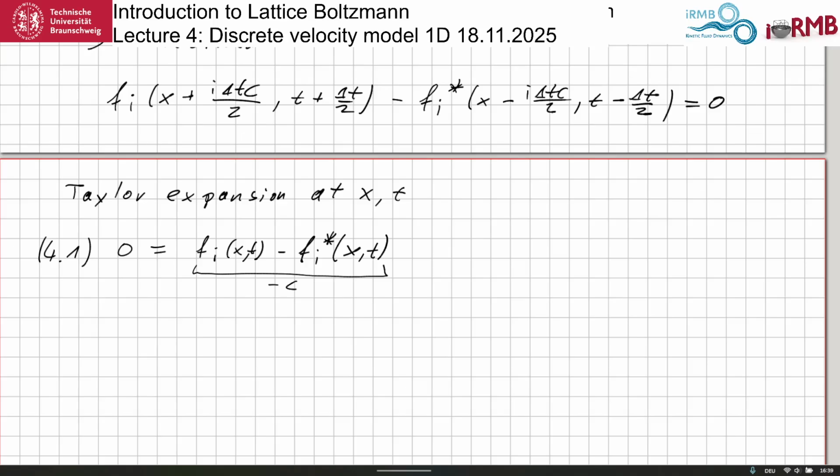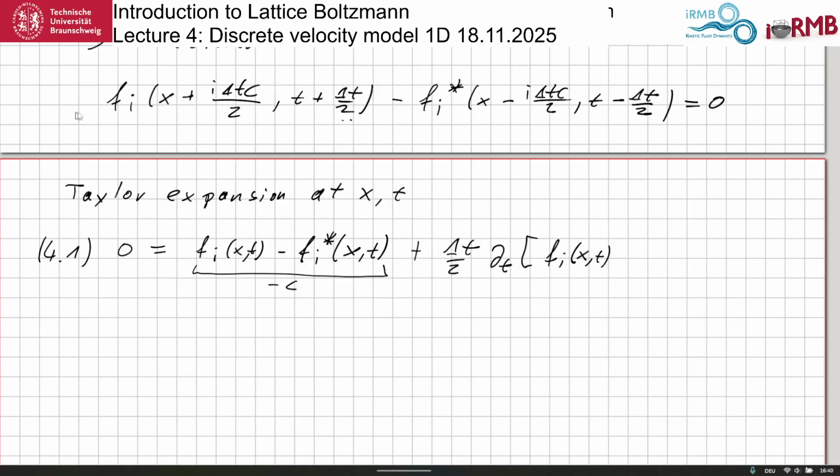Okay, let's continue with the Taylor expansion. I hope you are familiar. We go first in the direction of time. So we'll have time here. This is delta t half. This is the distance that we go, and we go dt. And now we have here fi. Now this is all at x and t. I will stop writing x and t in future, because now obviously in the Taylor expansion this is all in this position.